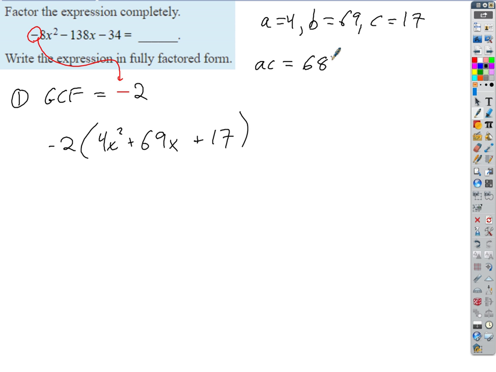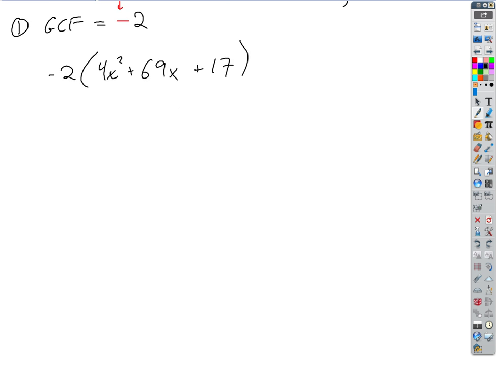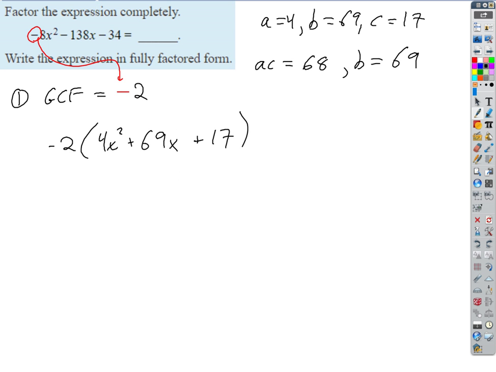So, is this going to work? Yeah, it does, that's right. B equals 69, so can we find magic numbers that multiply to 68 and add to 69? 68 and 1, there you go.